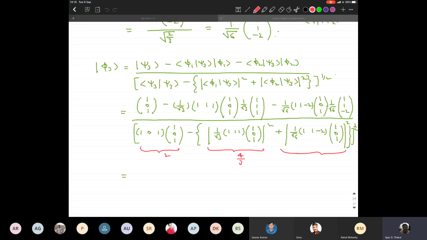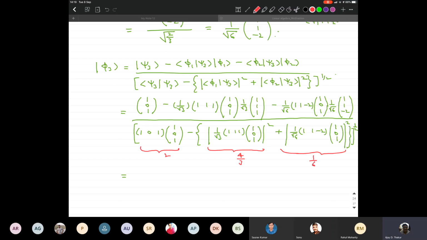So over here, what is the quantity? This is 1 plus 1, 2 by root 6, right, 1 plus 1 and minus 2, so minus 1 by root 6 whole square. So this is going to be 1 by 6. Okay.